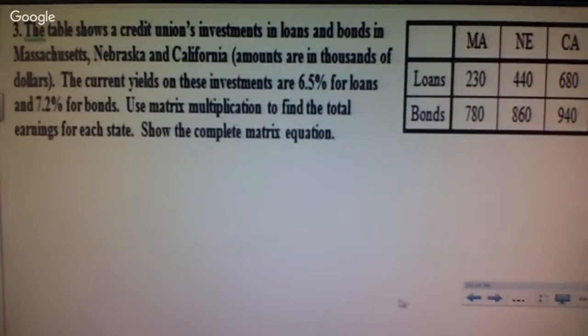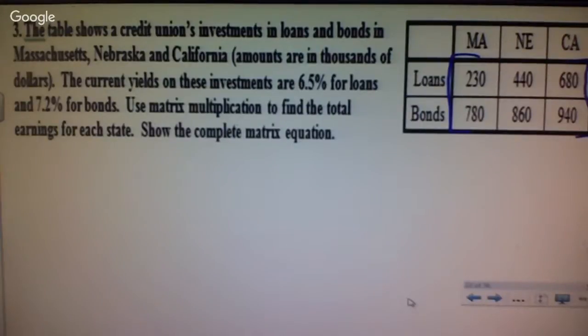Okay. So we need to set up some matrices and we need to decide how we multiply these. Okay. So they give you your first matrix. Well, they give you one of the matrices. This is a matrix. What this shows is a credit union's investments in loans and bonds in Massachusetts, Nebraska, and California in thousands of dollars.